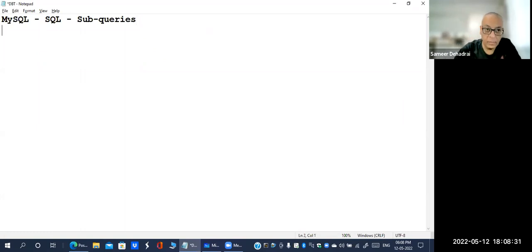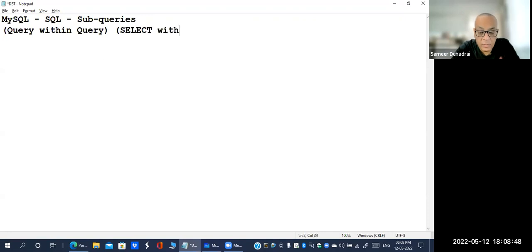Subquery is query within query. Select within select. Subqueries are also known as nested queries. Some people like to use this term, nested queries.